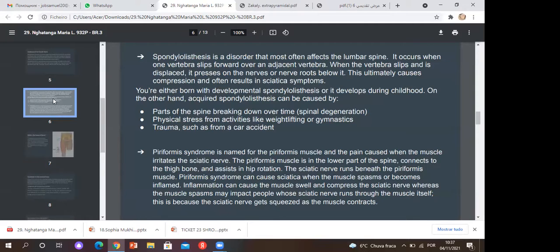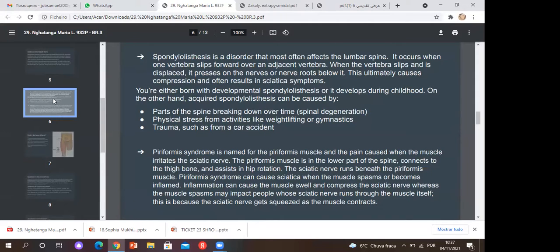So you're either born with spondylolisthesis or it develops during childhood. On the other hand, acquired spondylolisthesis can be caused by parts of the spine breaking down over time, which is spinal degeneration, physical stress from activities like weightlifting or gymnastics, and trauma such as from a car accident.